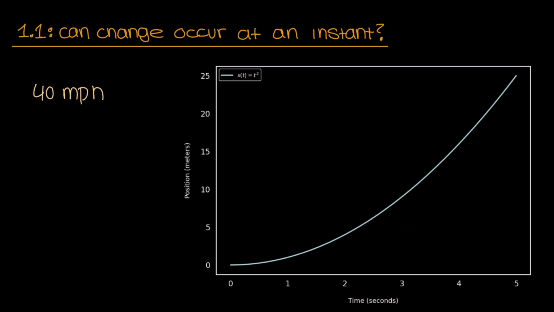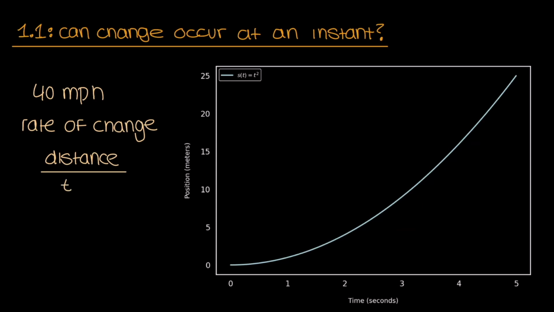But what does this 40 miles per hour really mean? Well, it means a rate of change, right? I'm changing by some amount over some interval. So I'm changing my distance over time. But if you recall, this is a change, right? And so can change really occur at an instant if I need two different quantities to compare?